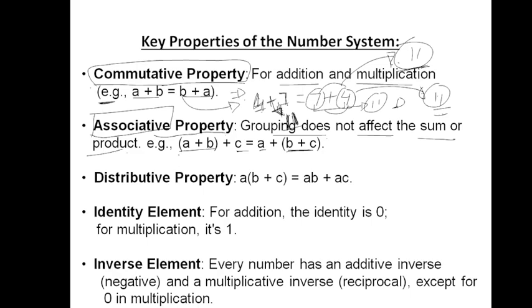Suppose we convert to numbers: A is 1, B is 3, and C is 4, equal to A is 1 plus the bracket B is 3, C is 4.